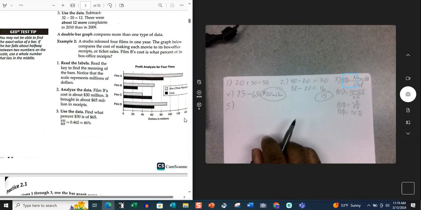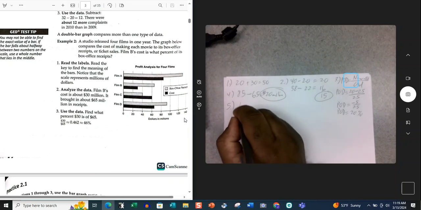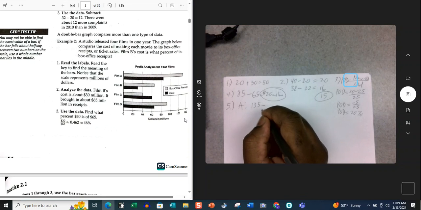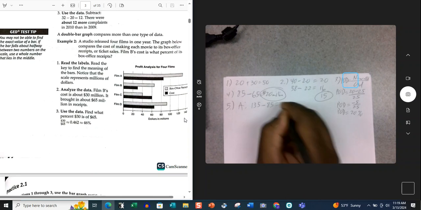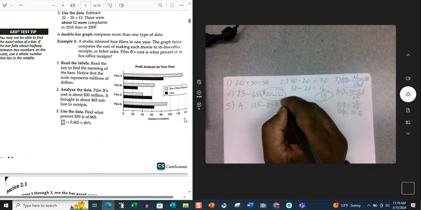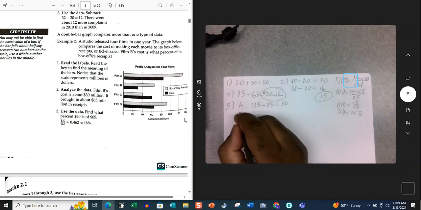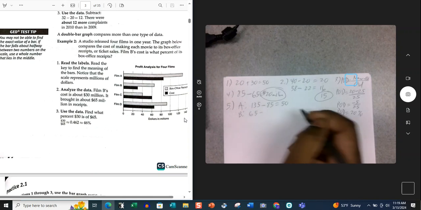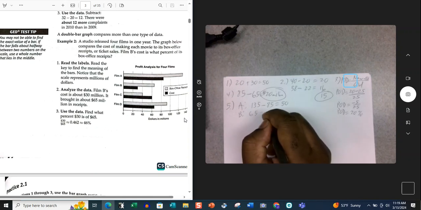The box office receipt for A would be about 135, minus the cost, which would be about 85. So 135 minus 85 is 50. For film B, the box office receipt is 65, minus the cost of the film, which would be about 30.